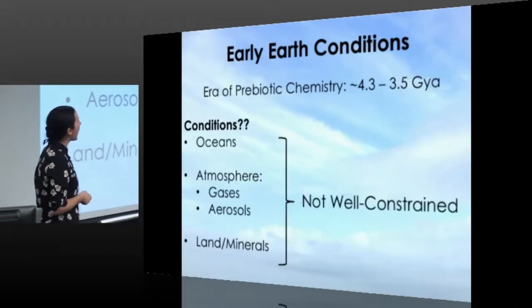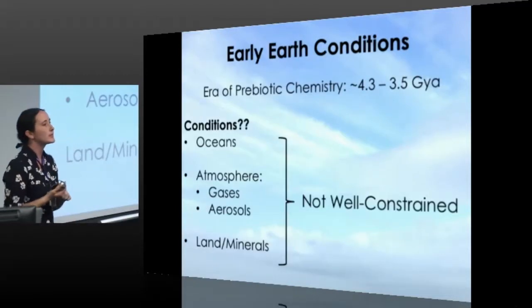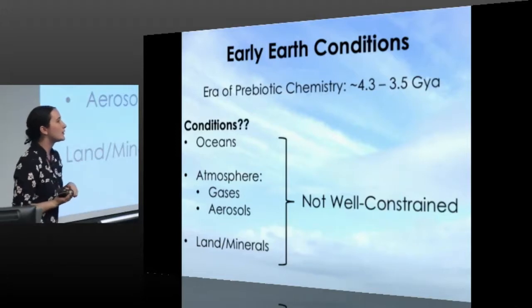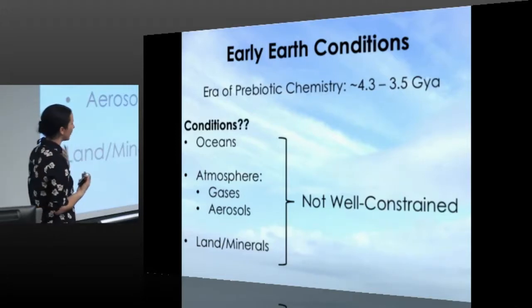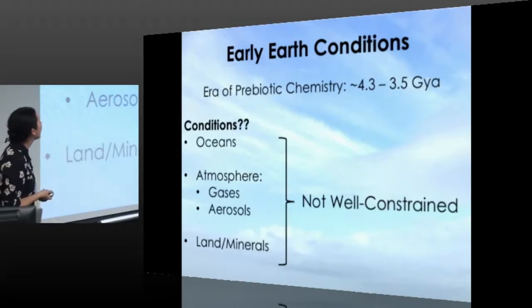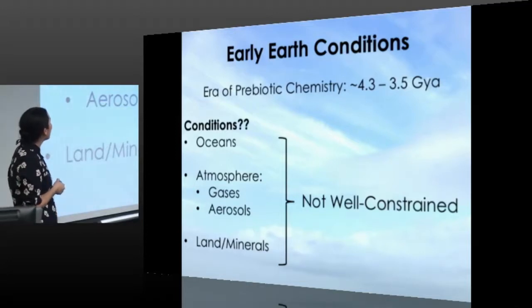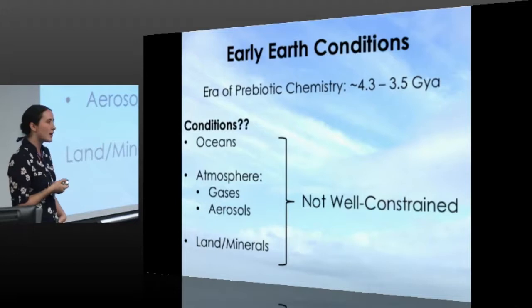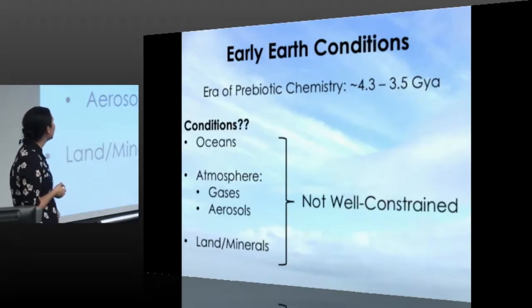And so, as I was saying, photochemistry is molecule specific, but it's also very environmentally specific. And we don't necessarily know a lot about the early Earth conditions during this period of prebiotic chemistry. I think we're all pretty well agreed that there were oceans or water of some variety.